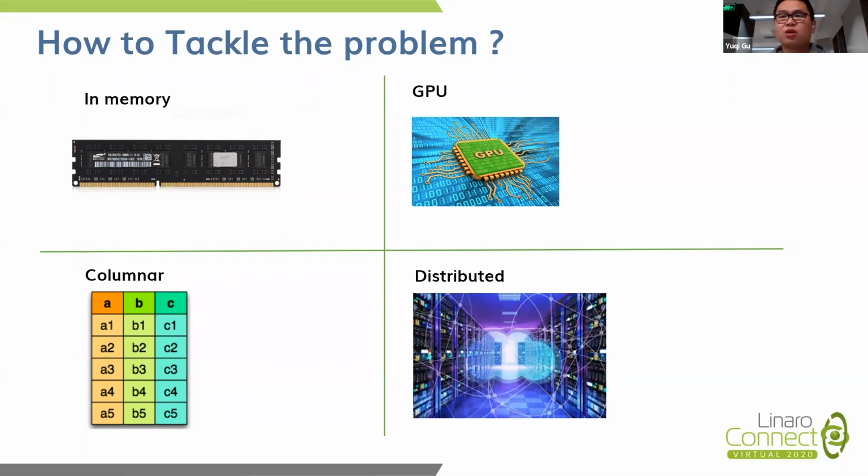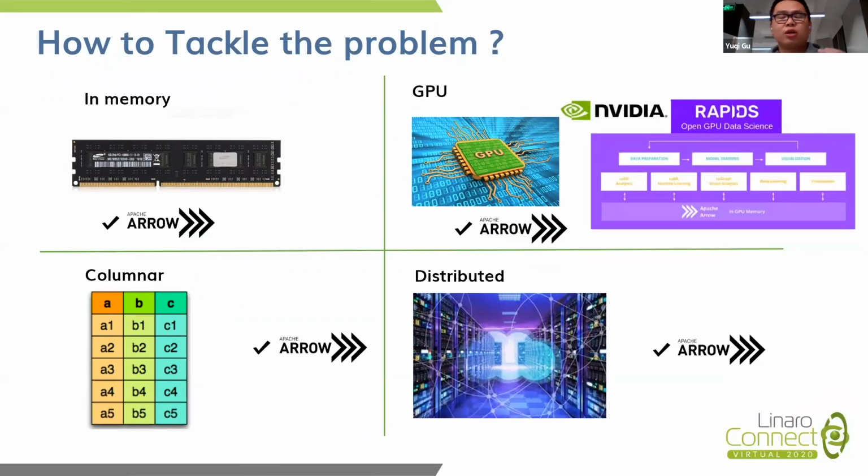Okay, so I would like to introduce Arrow. These four points mentioned above are the solution to tackle these problems. Arrow is the in-memory columnar data format. Arrow also can be deployed in distributed mode, and it was also integrated in some GPU memory architecture.